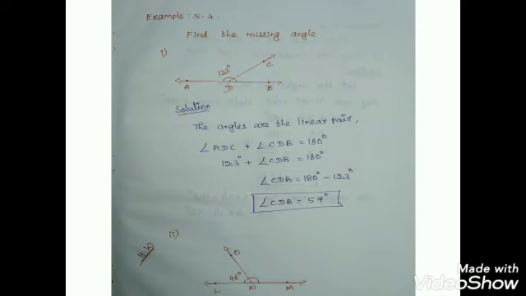Next one, example 5.4. Find the missing angle. Here we can find out the missing angle. Angle ADC is 123 degree. Angle CDB we can find out. So what is the missing angle here? CDB.